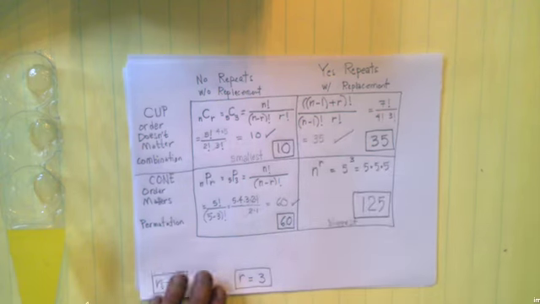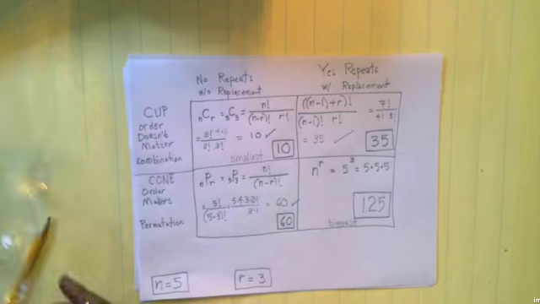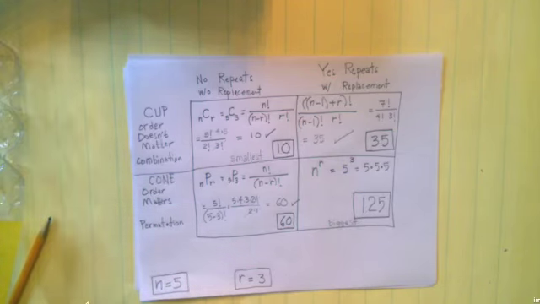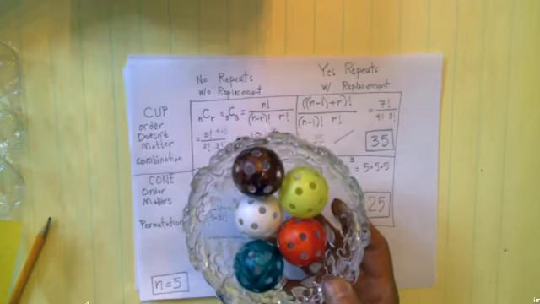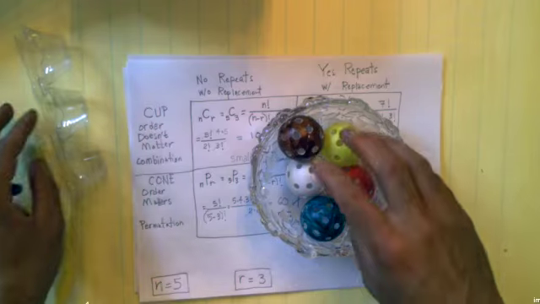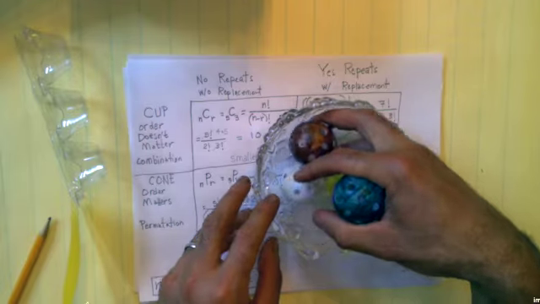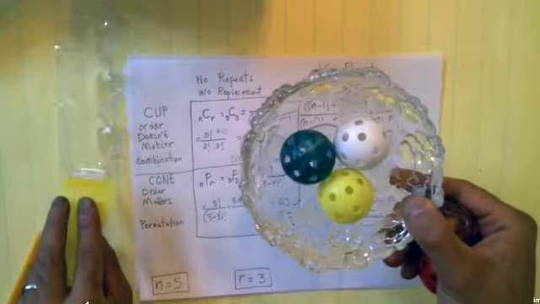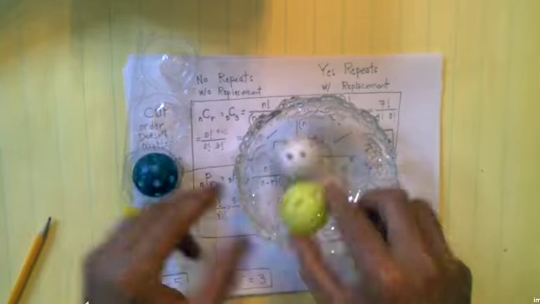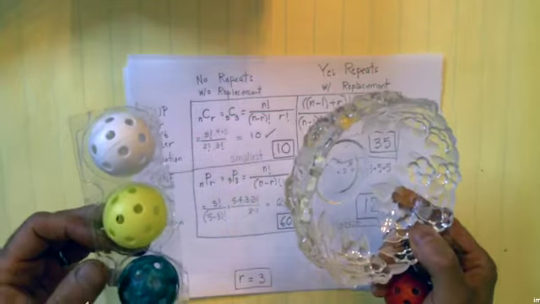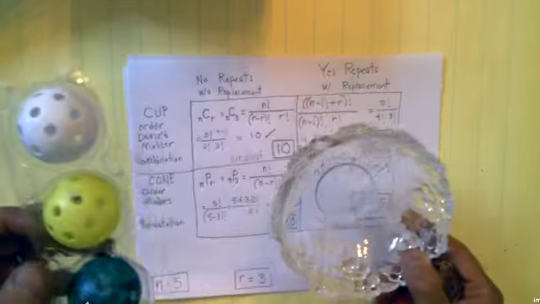So now, just to wrap up, we see we have 5 flavors of ice cream to pick from. We're allowed 3 scoops, and you can get them in a cup, or you can get them in a cone.